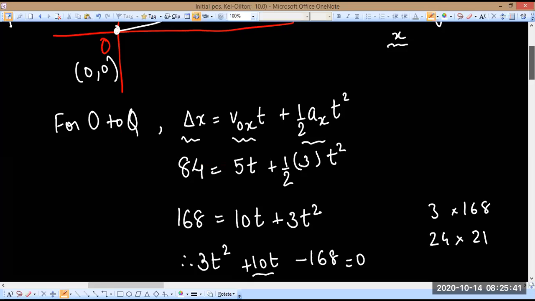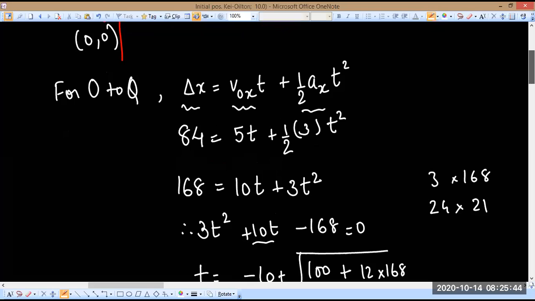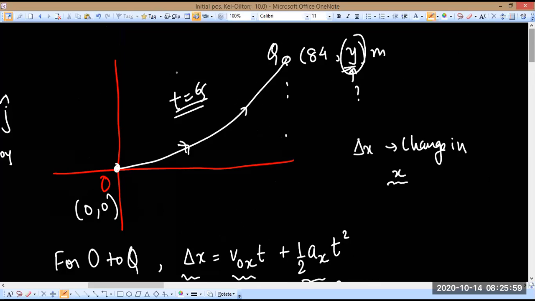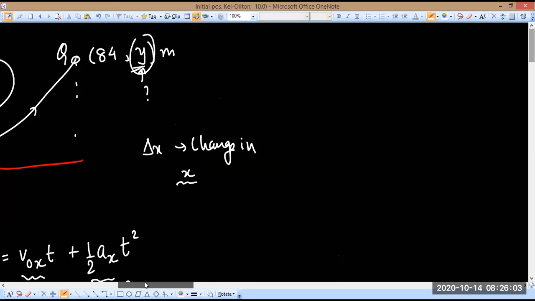Come on, people. Yes, the second equation will help because we know the time now, right? So we'll use the second equation, right?